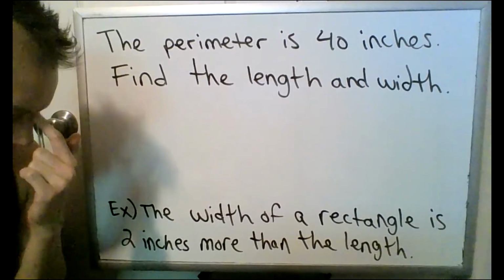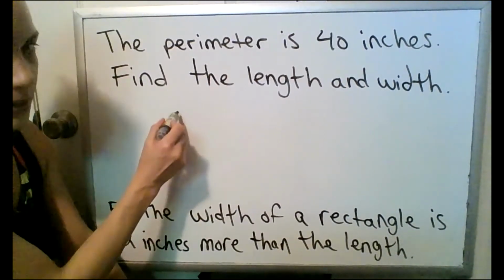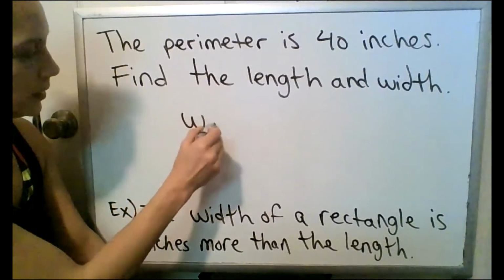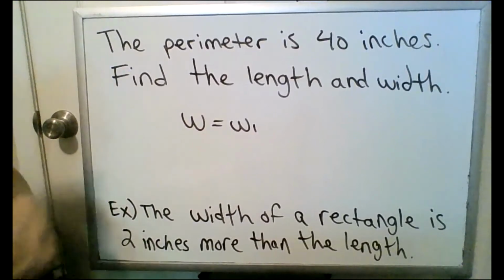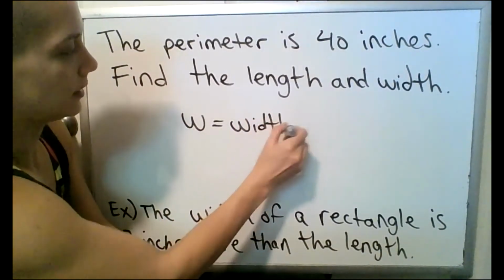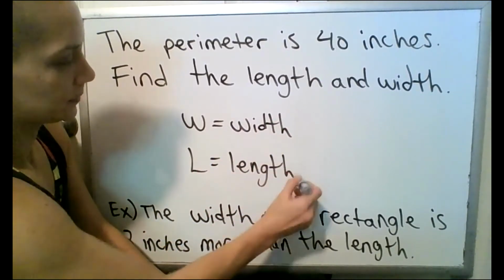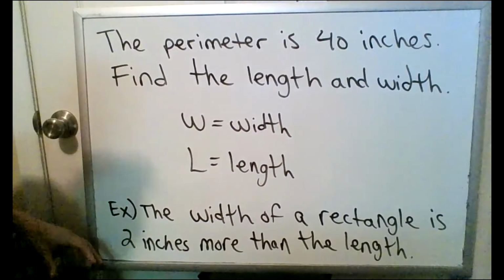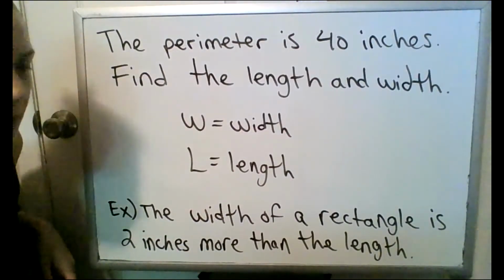Okay, let's start with our variables, the things we don't know. W is width. Let's do it the other way. It's fine. It's going to be length. Let's translate.